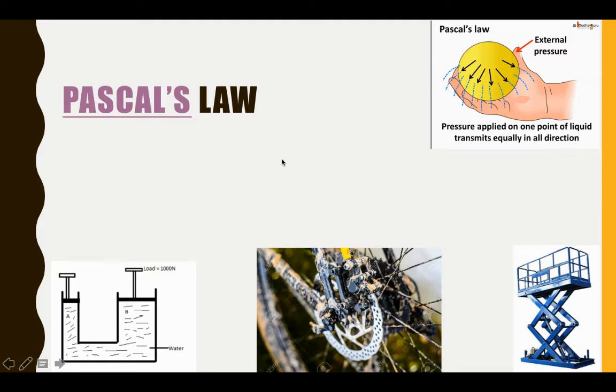Pascal's law. This is a law that is explained in an enclosed vessel containing liquid. If we take an enclosed vessel containing liquid and press it, then from all the holes the water will come out at an equal rate, meaning equal pressure. That means if you apply pressure, the pressure is transmitted in all directions equally.